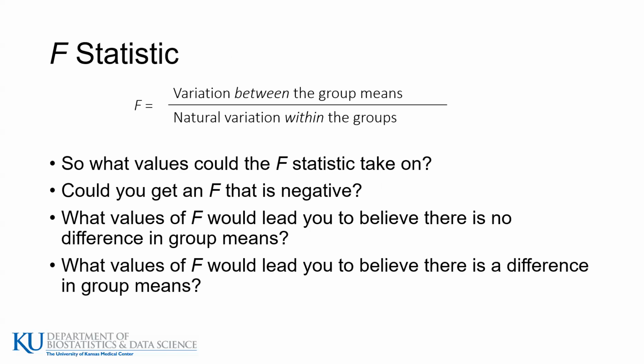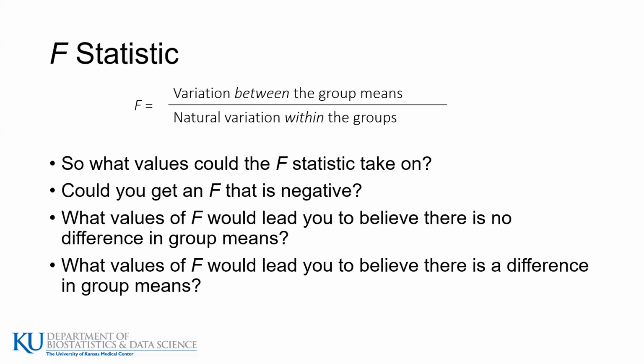What possible values could the F statistic take on? Well, first, the F statistic is always at least 0 or positive, so it can't be negative, and this is because it's based on the ratio of two variances, which also can't be negative. So if the group means are very similar, we would expect that the between group variance would be small, and the test statistic would be close to 1 or less than 1.